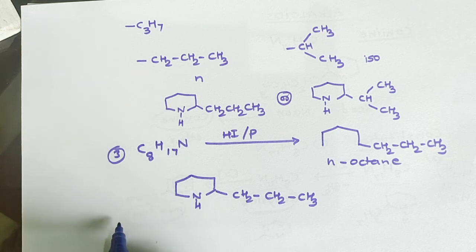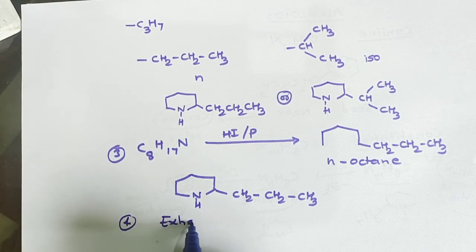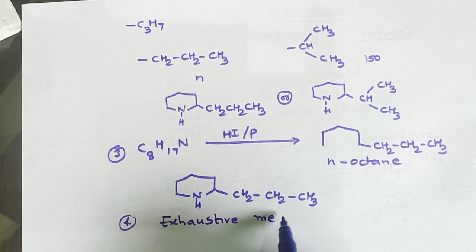Okay. Further, additional evidence for the above structure was afforded by exhaustive methylation. Hope you know what exhaustive methylation is. In the last session we had discussed it, taking pyridine as an example.